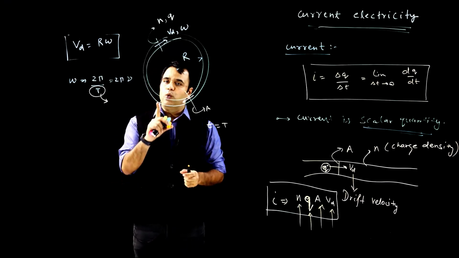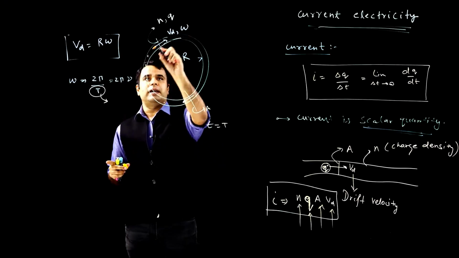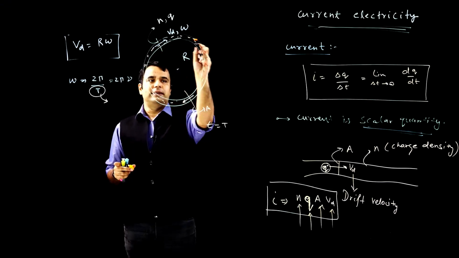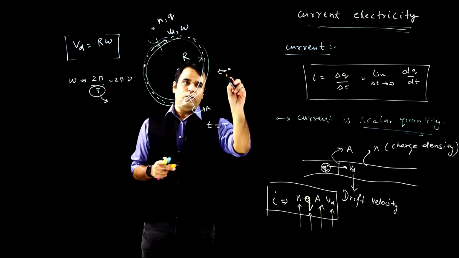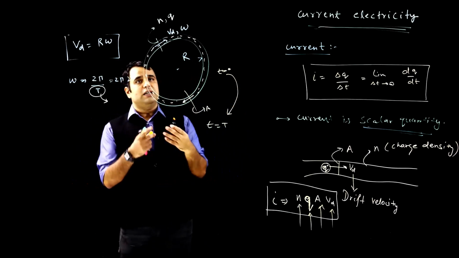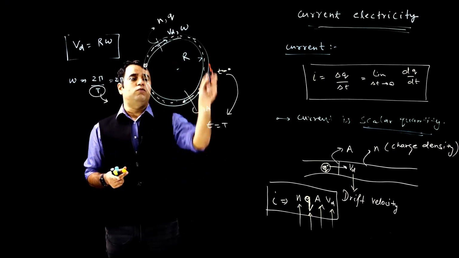Not twice, only once. When the movement is not happening, these charged particles are occupying this space at t0. And when you see the structure at t equals capital T, the structure will be the same, because this charged particle in capital T time will perform one complete rotation.